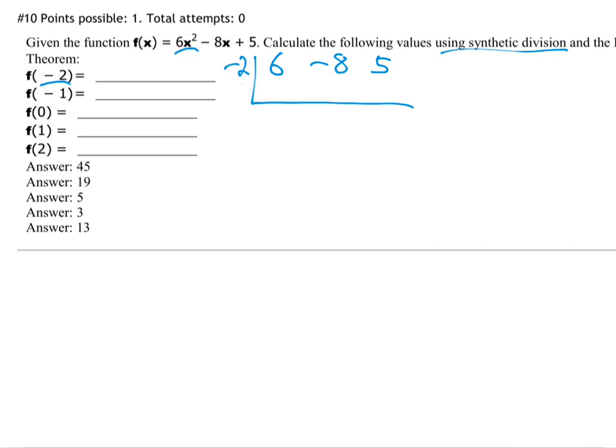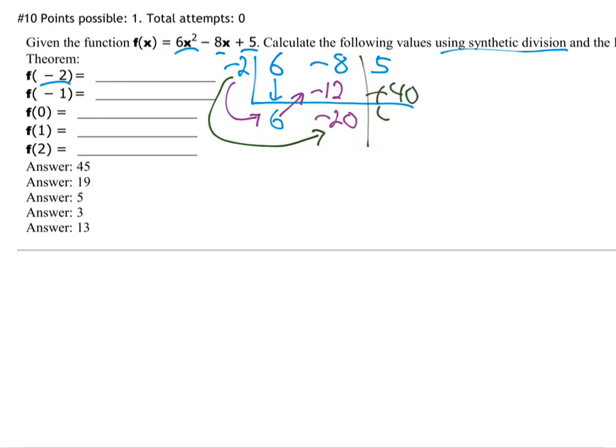So let's do it. I just put the coefficients on the inside. We're going to do the negative 2, bring down the 6. Negative 2 times 6 is negative 12. Add them up, negative 20. Do the next one, negative 2 times negative 20 is plus 40. 45. Like that. That's the same thing you would get if you just plugged in negative 2.